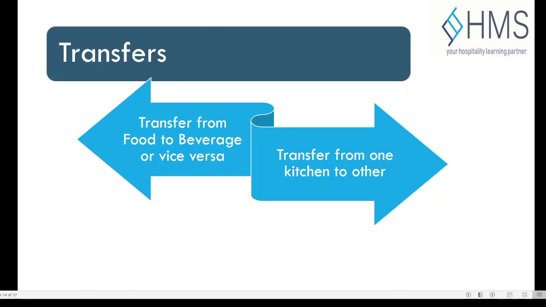So ideally, the chef has to make these records, from transfer from one kitchen to another kitchen and transfer from kitchen to bar. They have to ensure that they are updating the records on a daily basis and sending it to the cost controller. And then the cost controller will keep these entries into their daily cost board, so that the cost is being updated on a timely basis.